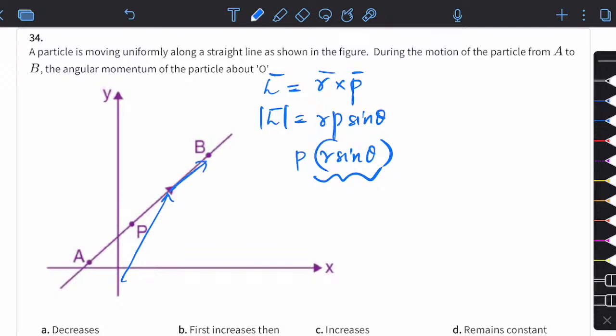So p is this way, r is this way, the angle between r and p will be theta. And now look at what r sin theta means. r sin theta is basically this distance, the perpendicular distance of the line along which the point is moving from the origin.